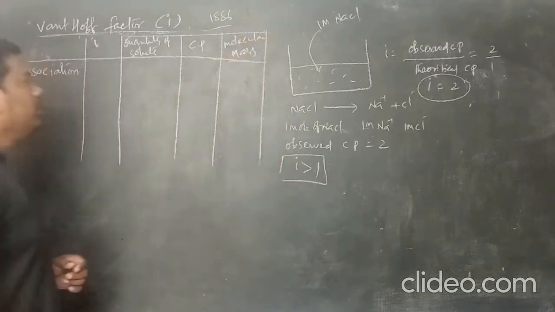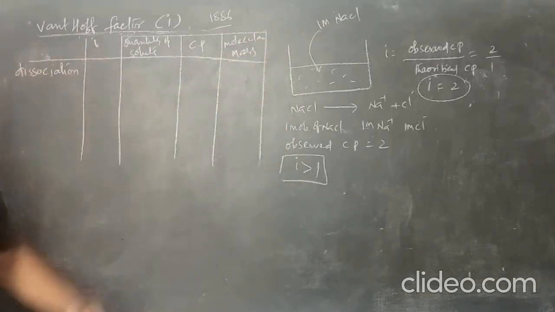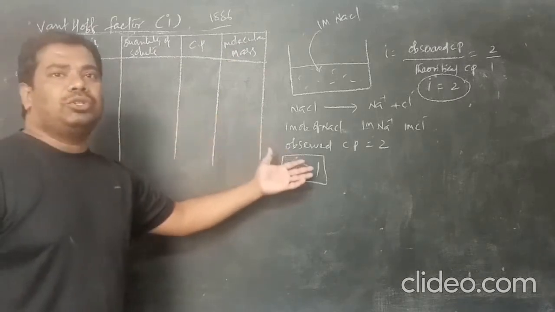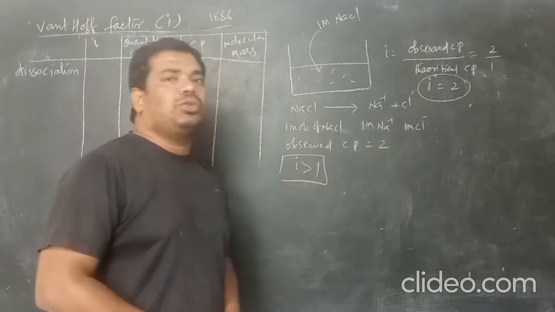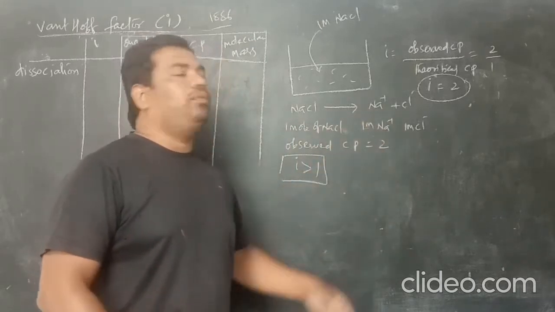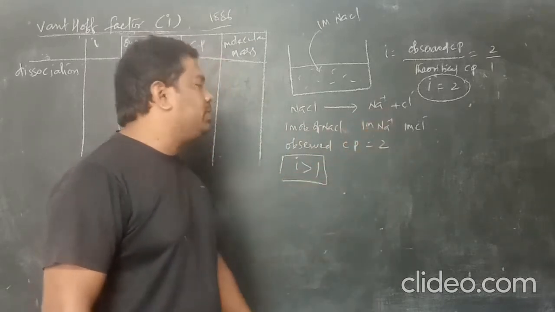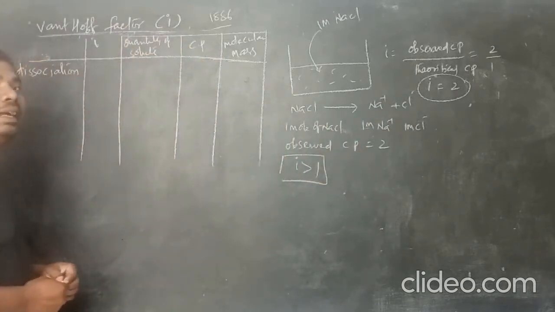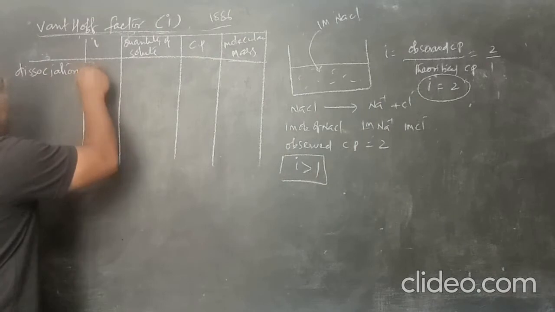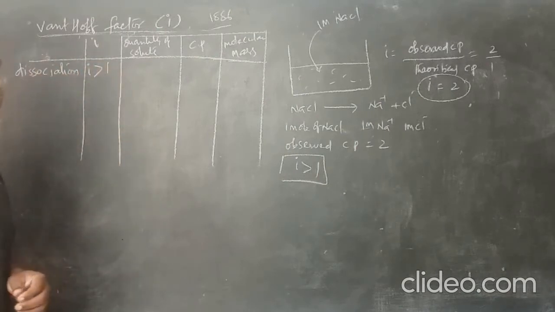Clear, students? So when the electrolyte solution dissociates, here 1 mole of sodium chloride dissociates into 2 moles of Na plus and Cl minus ions. So therefore the colligative property is greater than 1, so the i value is greater than 1.